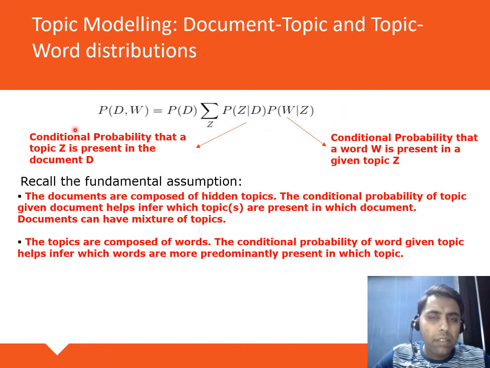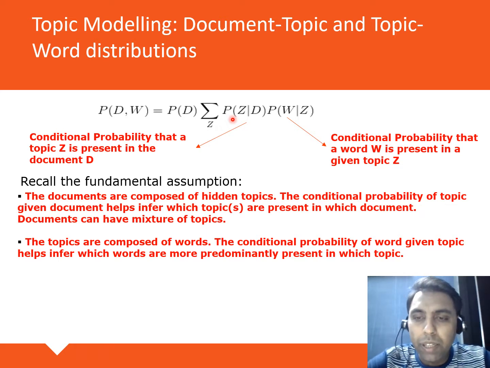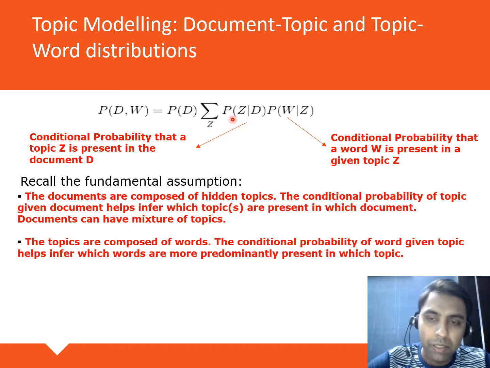If you look at the first conditional probability, Z given D, where Z is the symbol for topic and D is the symbol for document, the probability of Z given D is the conditional probability that a topic Z is present in the document D. In the context of that 5 sentence example I was discussing in the beginning, it can be interpreted as the probability that the topic on food or breakfast is present in document 1, or the probability that the topic pet or animal is present in document 1, and so forth.